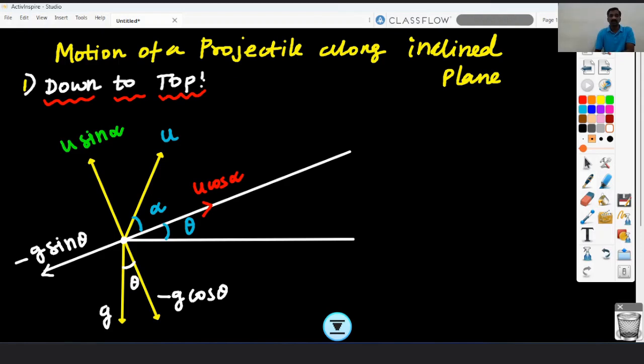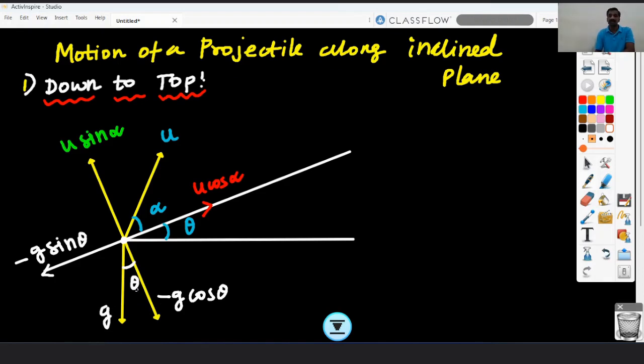We have discussed horizontal projectile motion and angular projectile motion. Throughout the motion, in the horizontal direction, there is no acceleration. But here in the inclined plane, there will be acceleration in both the horizontal direction as well as the vertical direction, because the weight of the body always acts downward, which makes a component along horizontal as well as vertical.